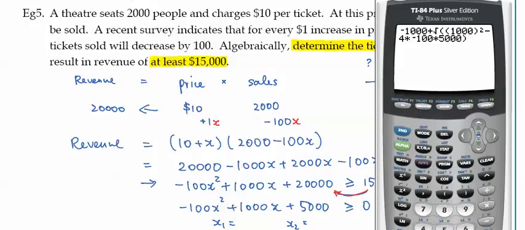I will have this whole thing all together divided by 2 times a. This is one answer. Negative 3.66.